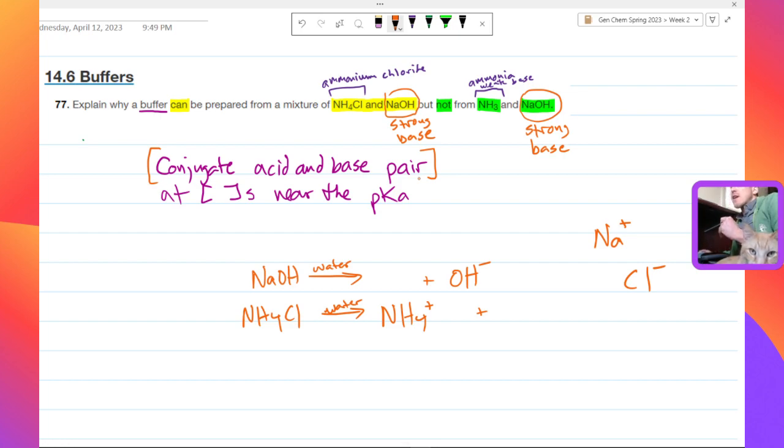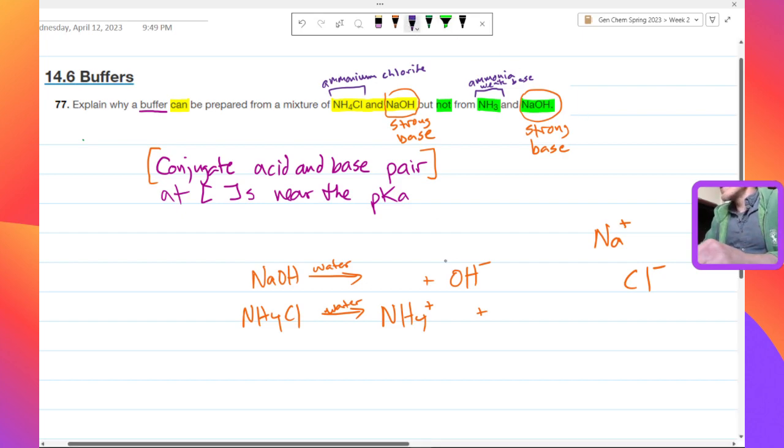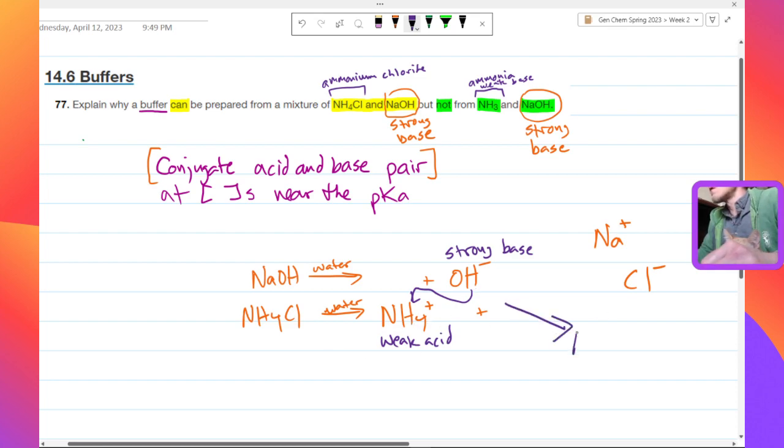and the hydroxide. And again, this is going to create a buffer because we have our weak acid here and our strong base here. The base is going to take one of those protons, or you could think of it as the acid gives the proton to the base. Either way, this is going to result in some ammonia and water.